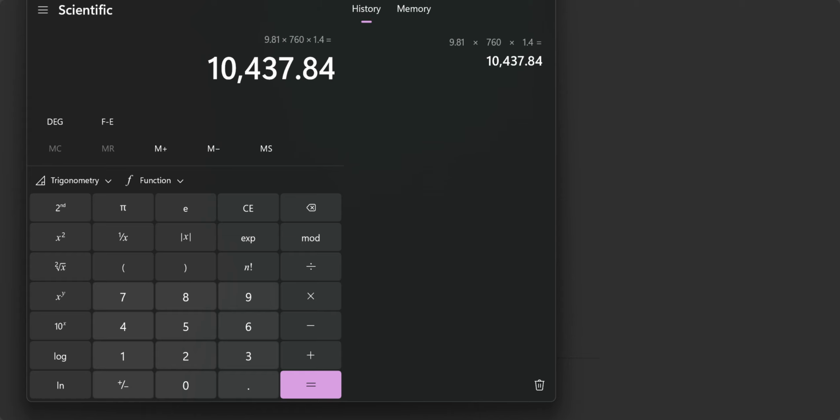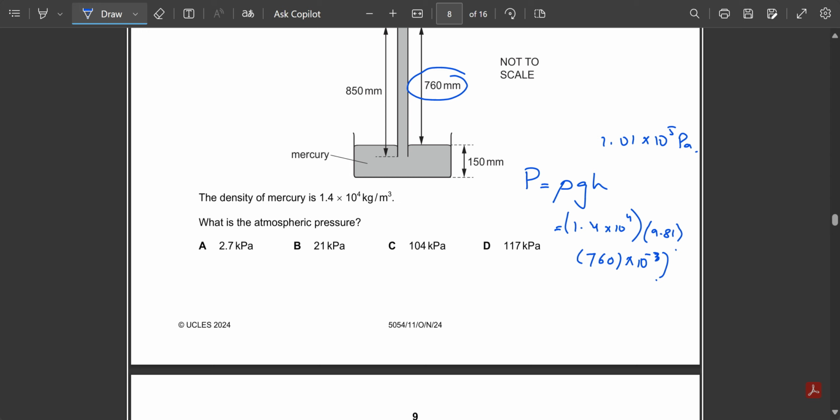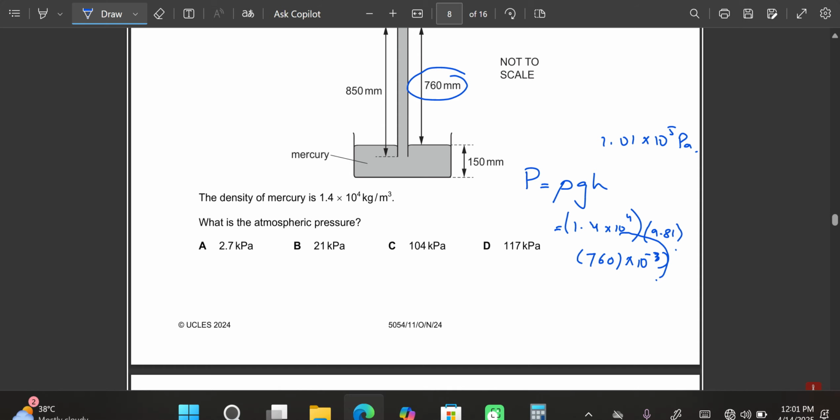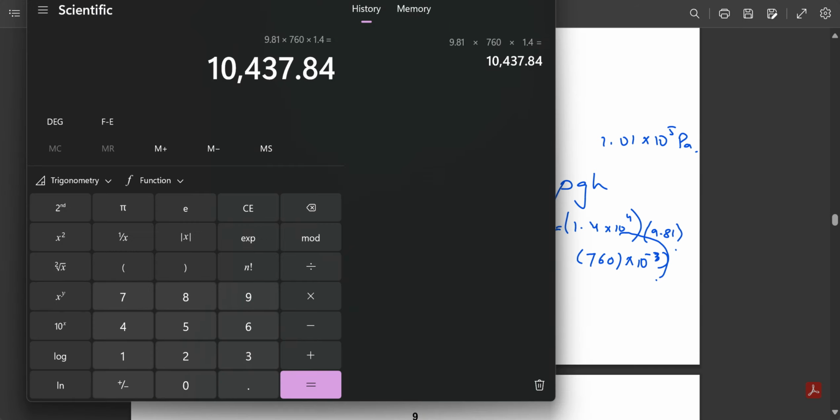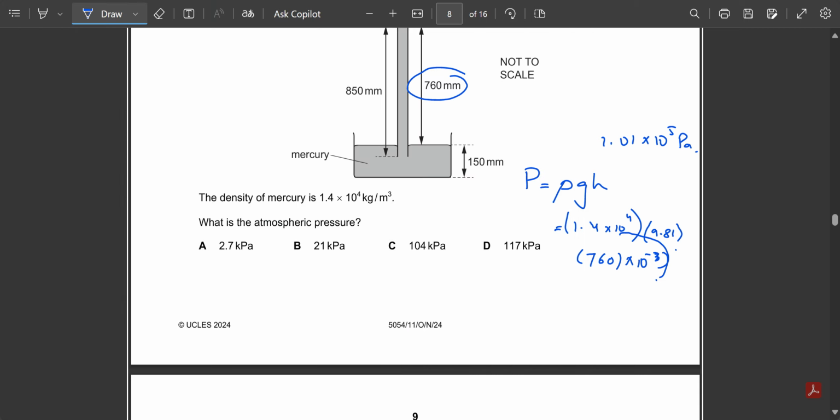This is going to give me this, and I need to multiply it by 10 to the power of 1 as well, because they both will give you 10 to the power of 1. So I'm going to multiply by 10 as well. So it is going to give me 104, so it is going to give me 1.04 times 10 to the power of 5 pascals. So 104 kilopascals. That's the correct answer.